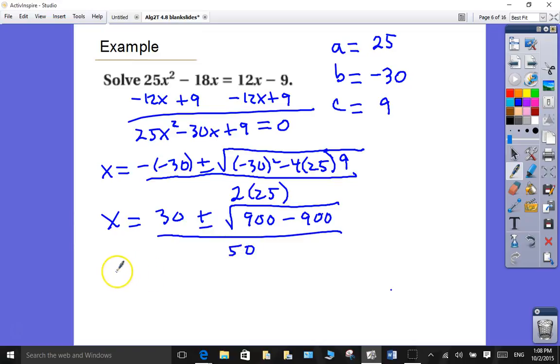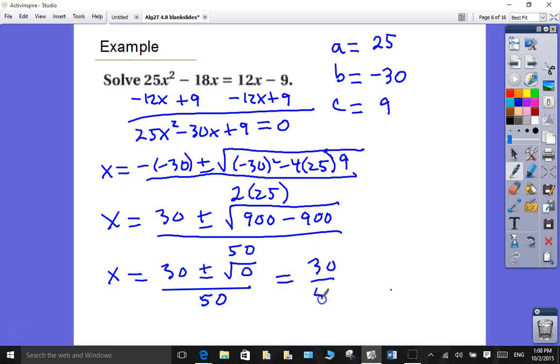Well, that means x equals 30 plus or minus the square root of 0. But the square root of 0 is 0. So what it means is that we're going to get the same answer whether or not we add or subtract 0: 30 over 50, or 3/5.